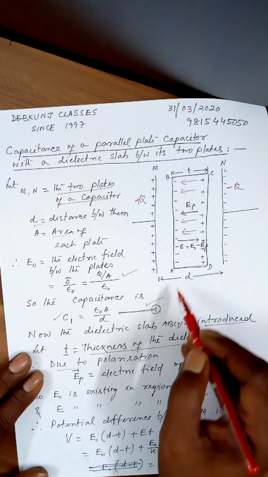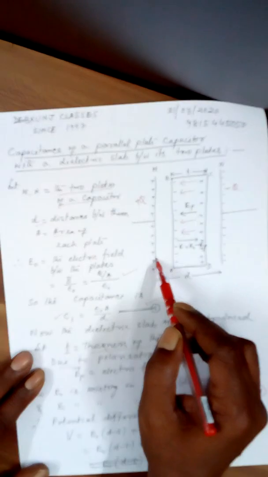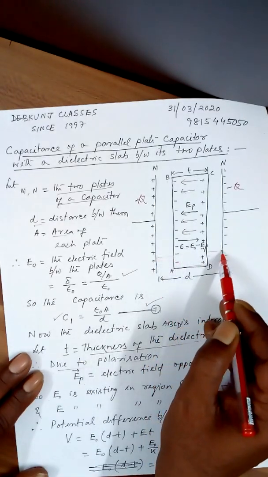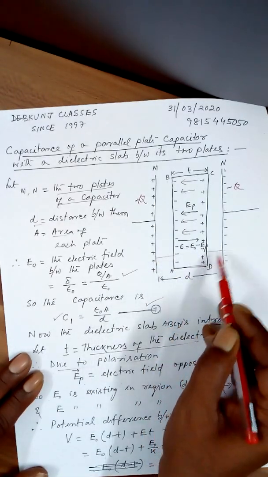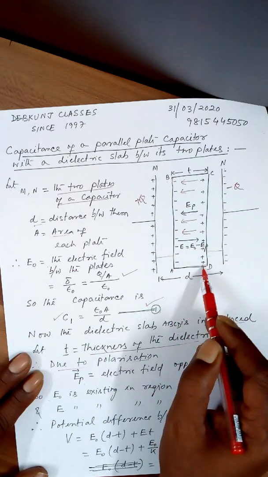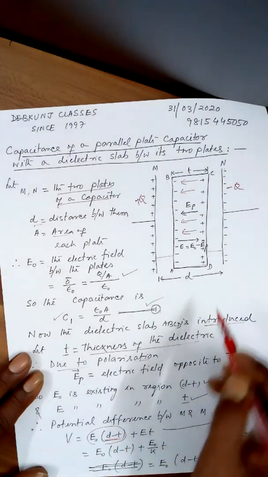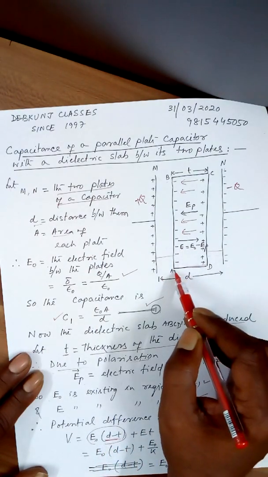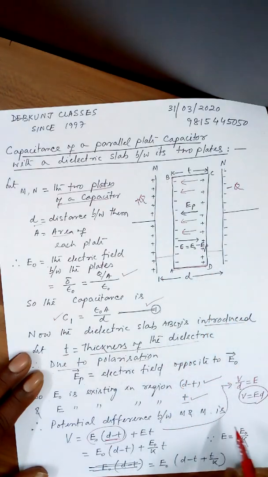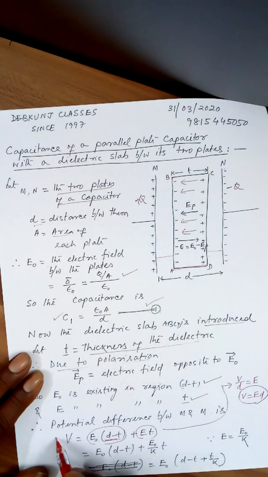E naught is existing in this region, which is d minus t, so E naught into d minus t is the potential, and E is existing in the region t, so E into t is again potential. Potential plus potential is the potential.